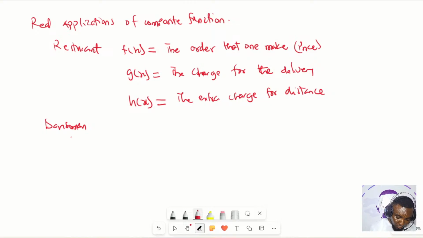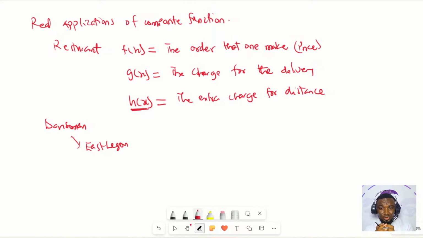But then when you are going to East Legon, they will charge an extra amount of money, which is represented by the function h of x. As a restaurant owner, you can decide to combine these three functions that you have modeled. And when you combine them, you get a composite function.